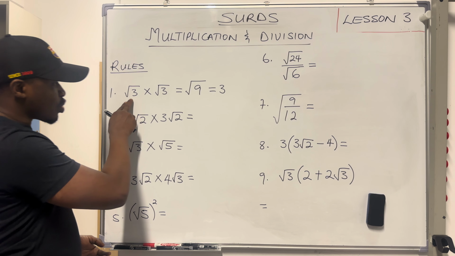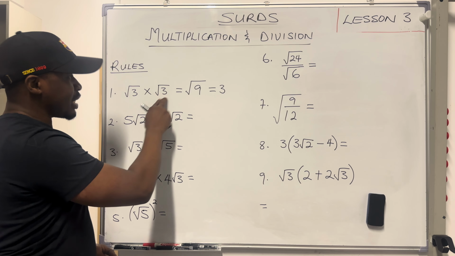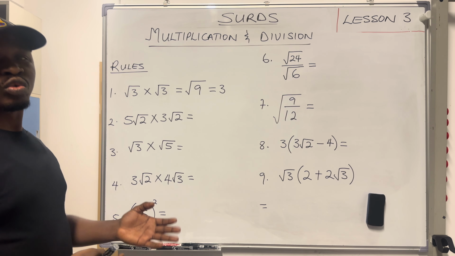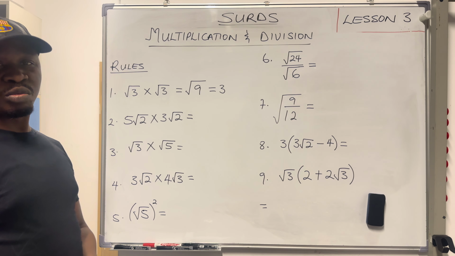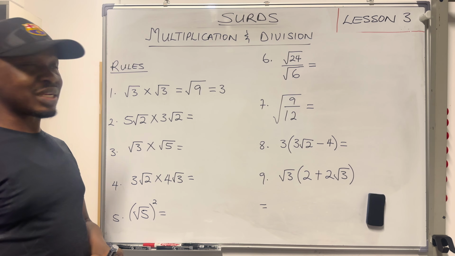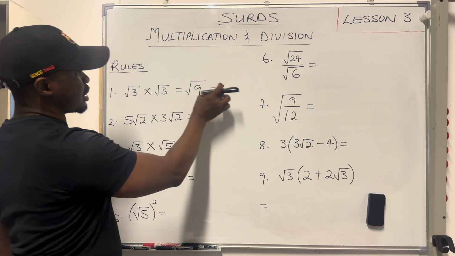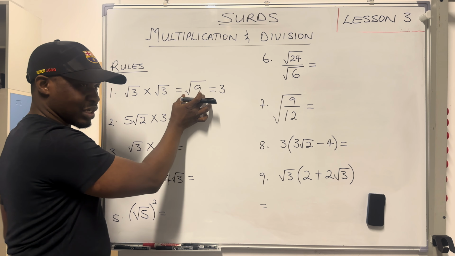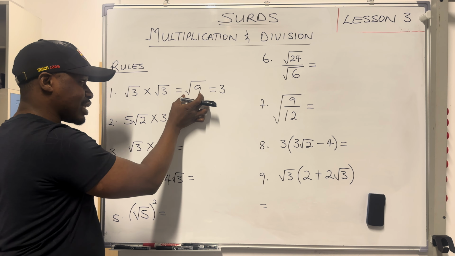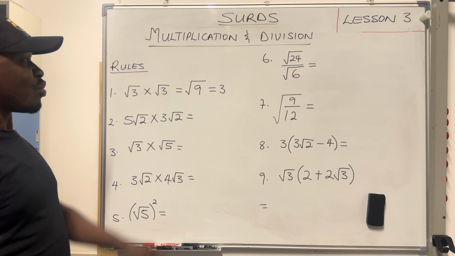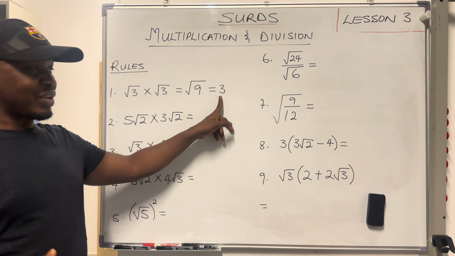Root 10 times root 10 is just 10. You don't need to go to root 100 when you know it will become 10, because the square root of 100 is 10. So therefore, root 3 times root 3 is just 3. We avoid this step. I only decided to write this so you understand why it is this, so you have the evidence.